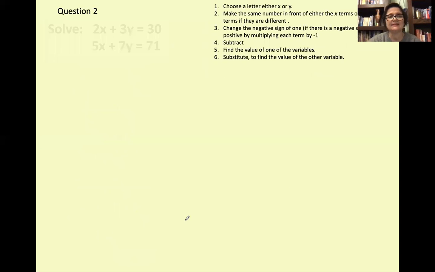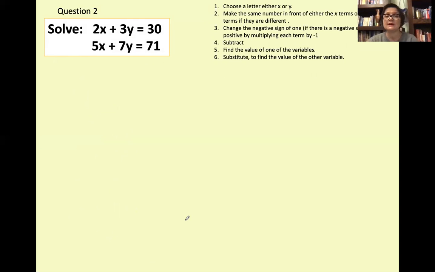Let's have a look at equation number 2. Again, lucky this time as well, because I can see both the x's and the y's are positive. I'm going to use subtraction, but one thing here, I need to change, because this is a 2, this is a 5, I have to change both of them to the same number of x's.